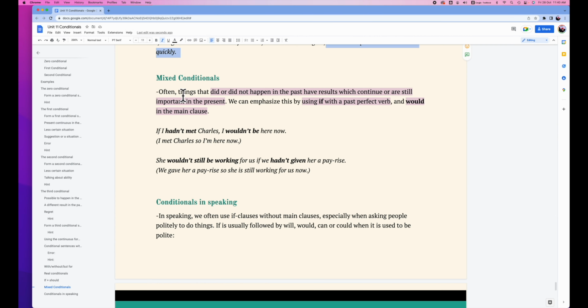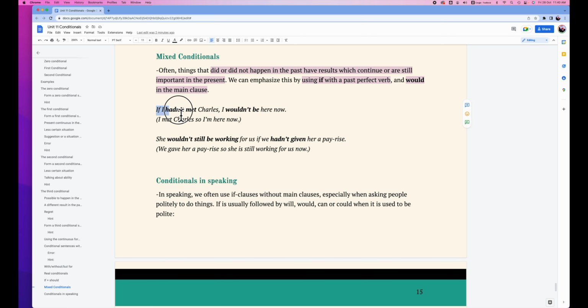So, in what situation could we use mixed conditionals? Let's take a look. Often, things that did or did not happen in the past have results which continue or are still important in the present, then we will use mixed conditionals. We can emphasize this by using if with the past perfect verb, so part A uses past perfect and part B uses simply would.